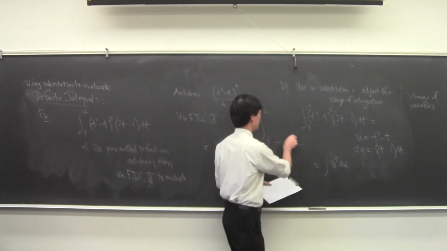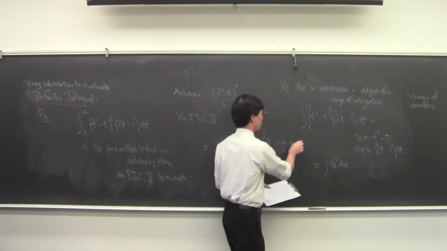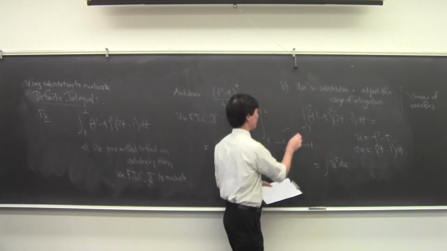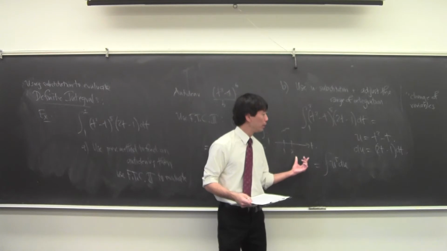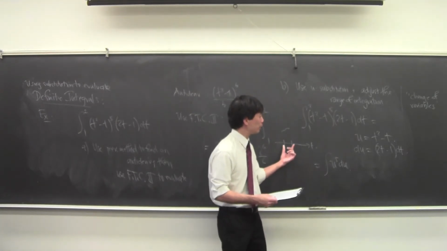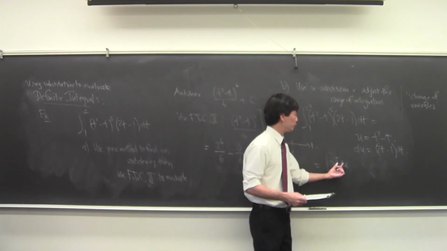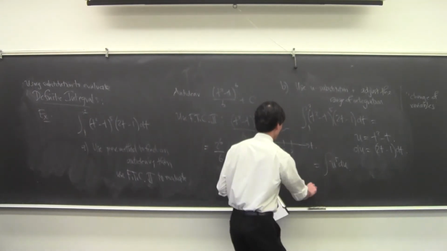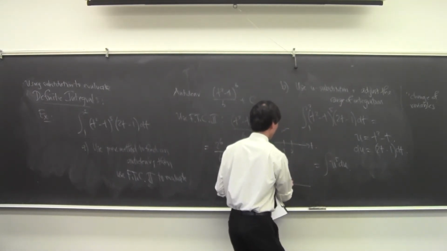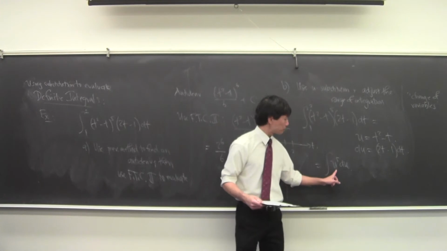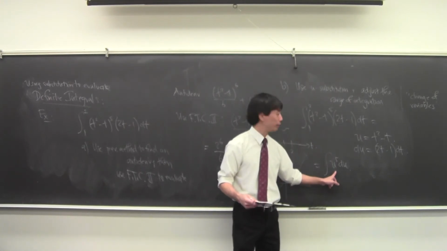But now I'm switching to a new variable, the u variable, and I've got a different function. It's just u to the 5th. And I have to adjust my range of integration.